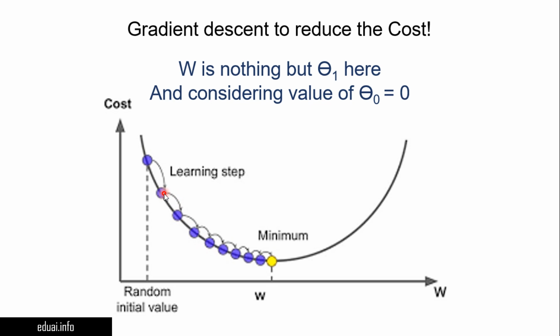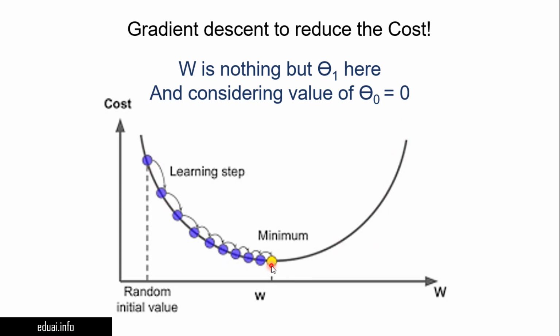It keeps comparing with the previous cost calculated for the given value of weight, theta 1. Ultimately, we'll reach the stage where the cost is minimum, and we'll choose that value as our final theta 1 value, or w value here. Similarly, it chooses the value for theta 0 as well.